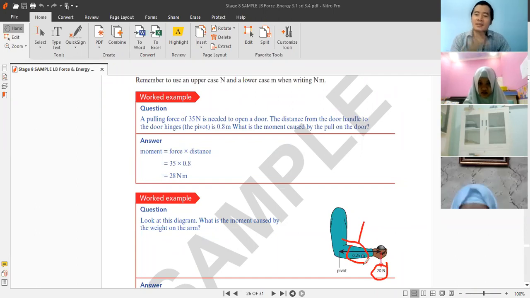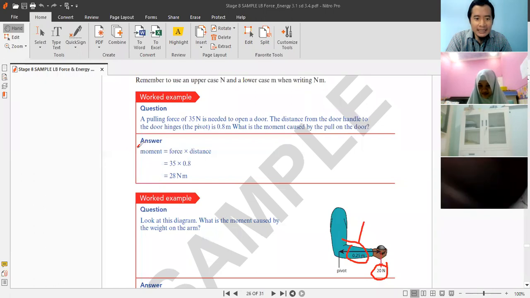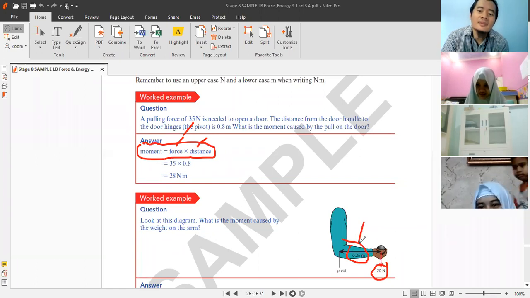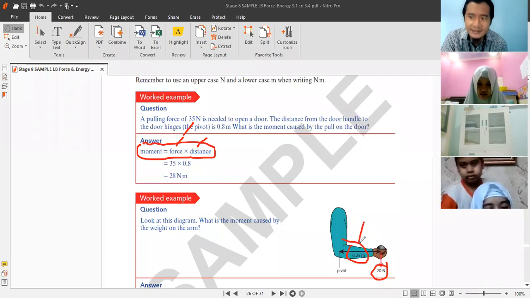So what is 0.25 meters? There are only two quantities about moment, like the answer of the prior question: force and distance. So which is the force and which is the distance? The distance is based on these questions.